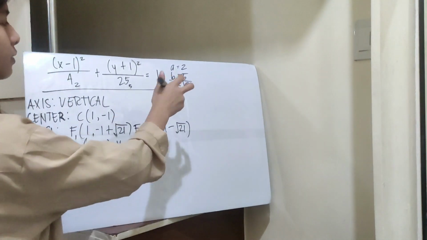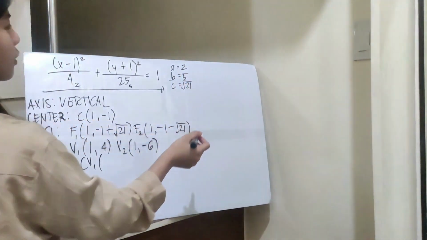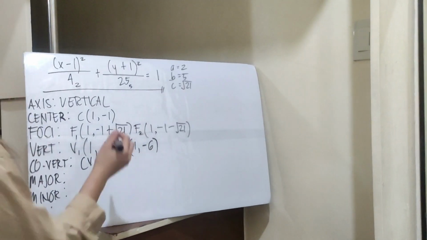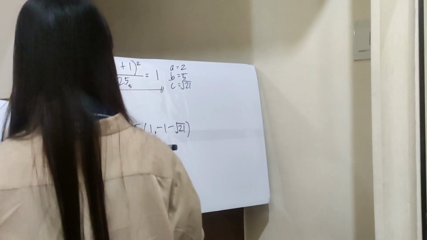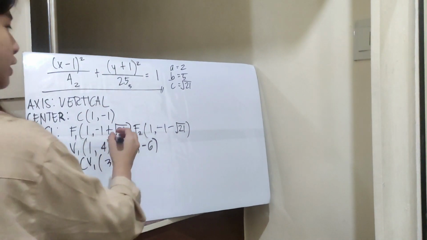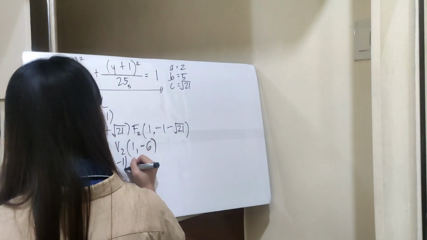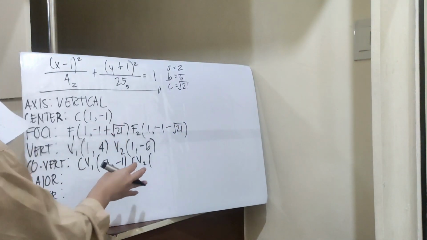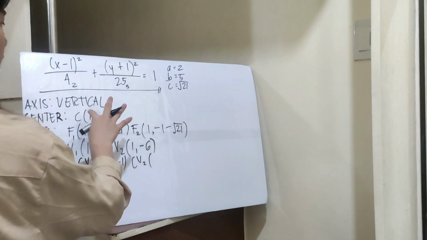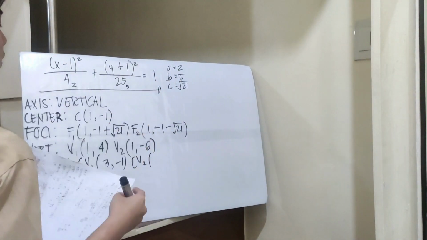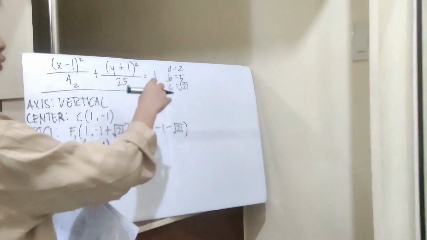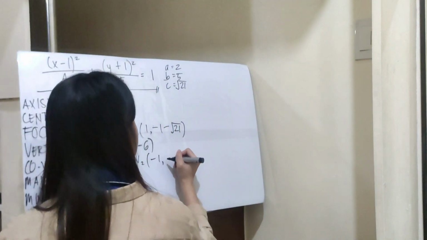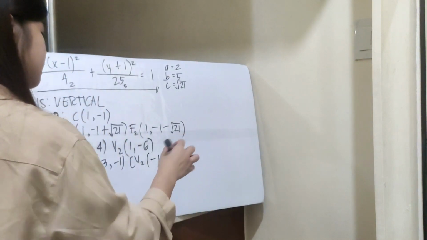So h plus minus a, since we have the value of a over here already, we add: h plus a, which is 3, and then we copy the value of k, which is negative 1. And then for CV2 this time we subtract the h by a, so we have 1 minus 2 is equal to negative 1, comma, copy the k.